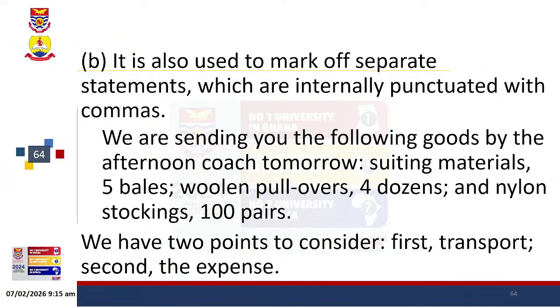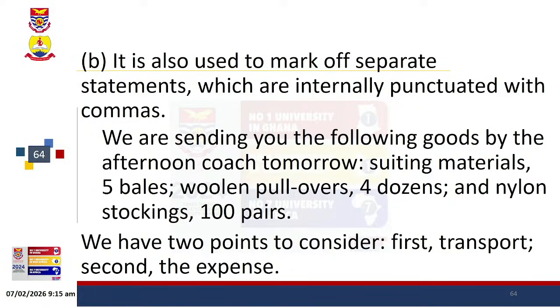But the restoration of the semicolon tells you that we are saying suiting materials, 5 bills of suiting materials, 4 dozens of woolen pullovers, and 100 pairs of nylon stockings. That is a very logical use of the semicolon.